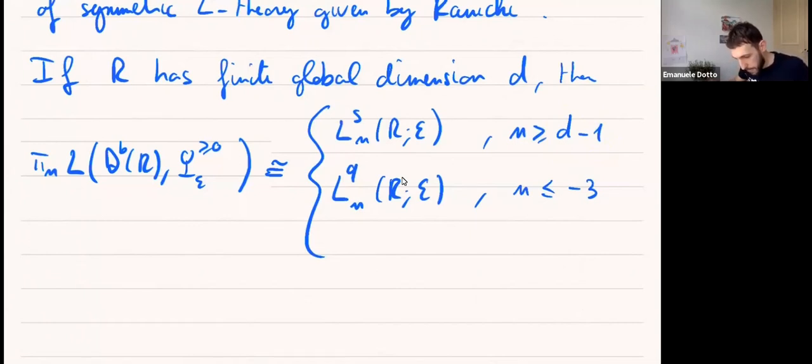But so in particular for, say, Dedekind rings or Z, which has global dimension 1, in non-negative degrees, we have the symmetric groups.